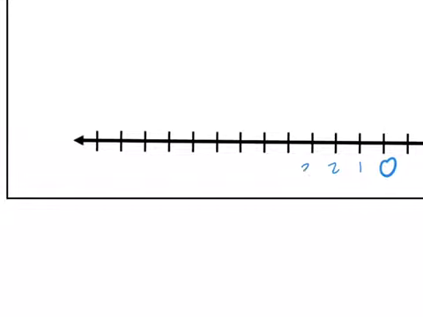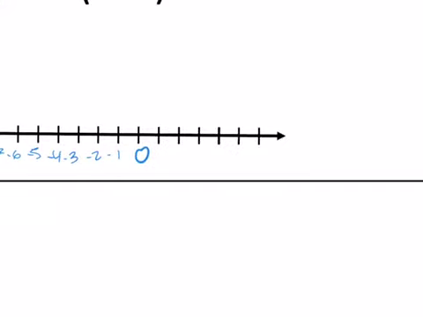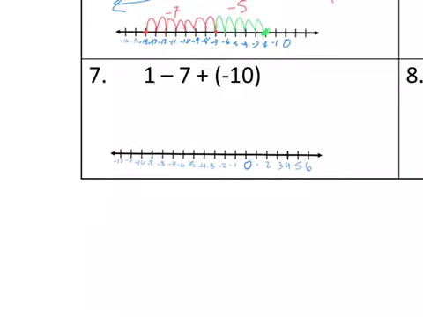I'll put the negatives in just a second, just for the sake of time. All right. So we're going to mark our positive 1, and then we go 7 steps in the negative direction.